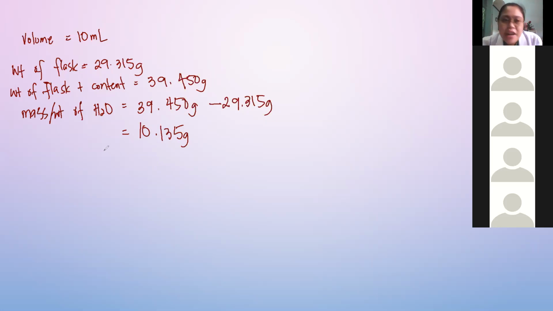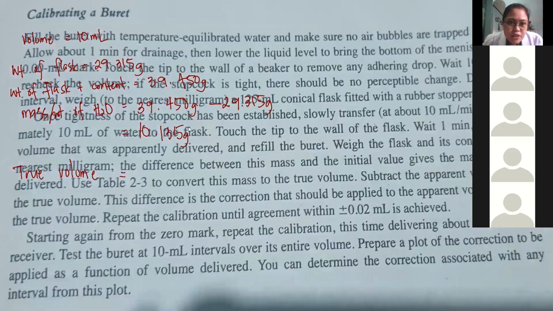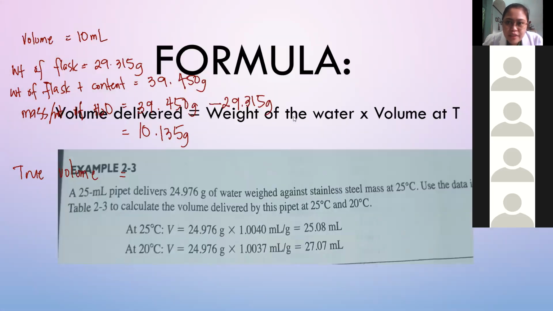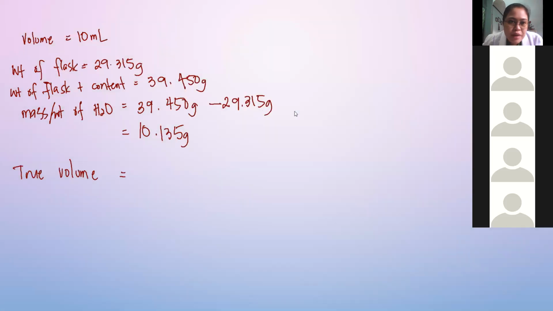Now let's compute for the true volume using the formula. Where is that? Let's go back to the slide. This one: weight of the water times volume at temperature.